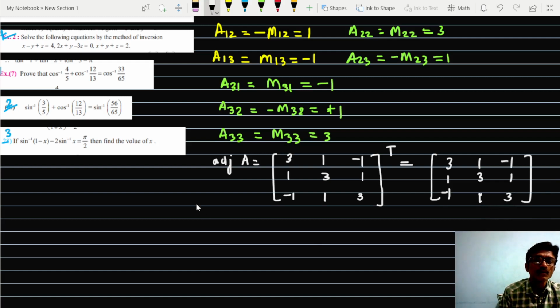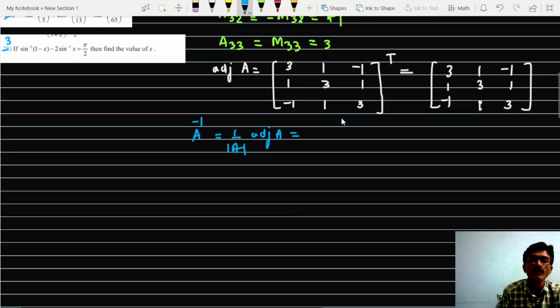Therefore, what is the inverse of the matrix? A inverse is 1 upon determinant of A into adjoint of A. We have determinant of A equal to 4, therefore it is 1 by 4 into adjoint, which is 3, 1, minus 1, 1, 3, 1, minus 1, 1, 3.